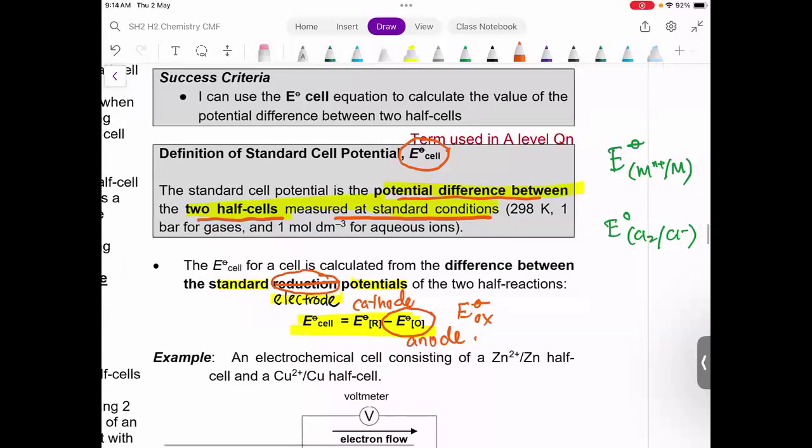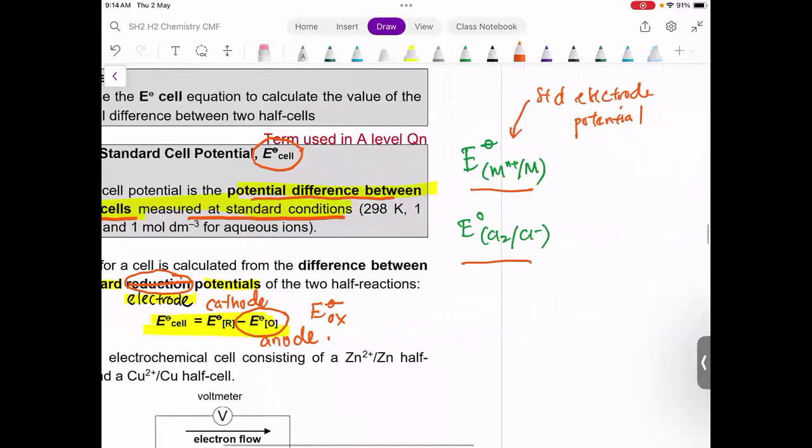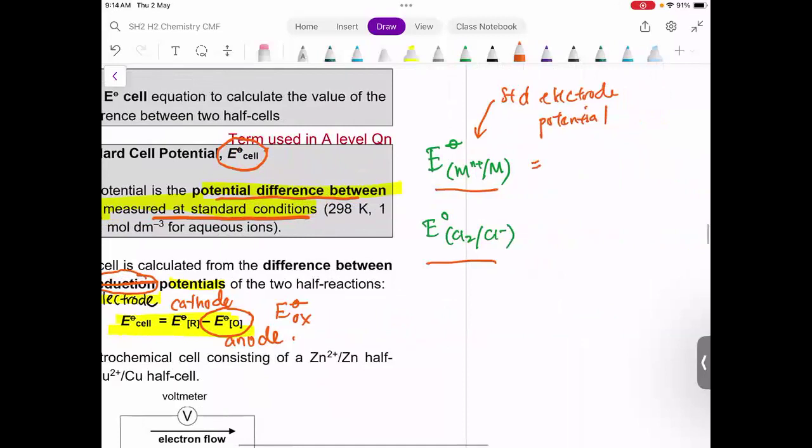What is the difference between the E naught cell and the E naught that we have learned so far? This one is your standard electrode potential. There's no subscript cell here, it's just referring to the half cell. It is always measured against the SHE.